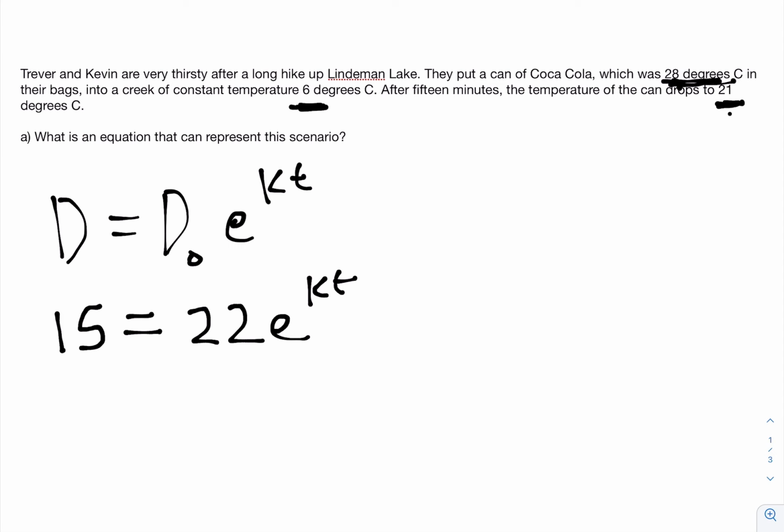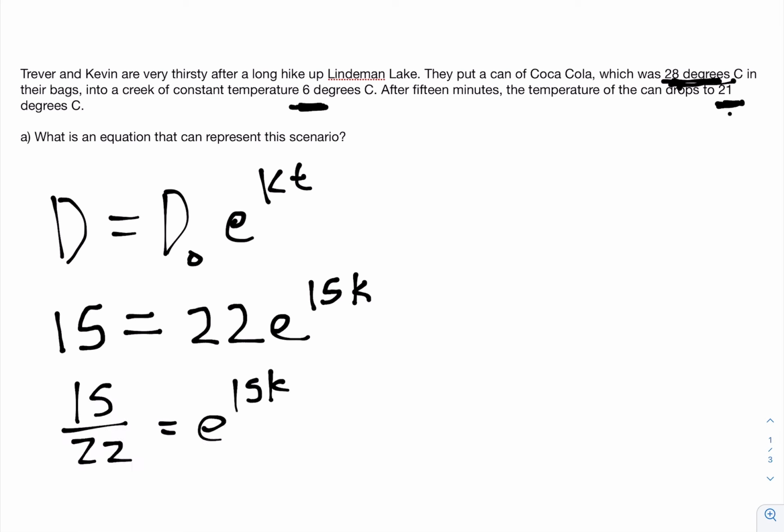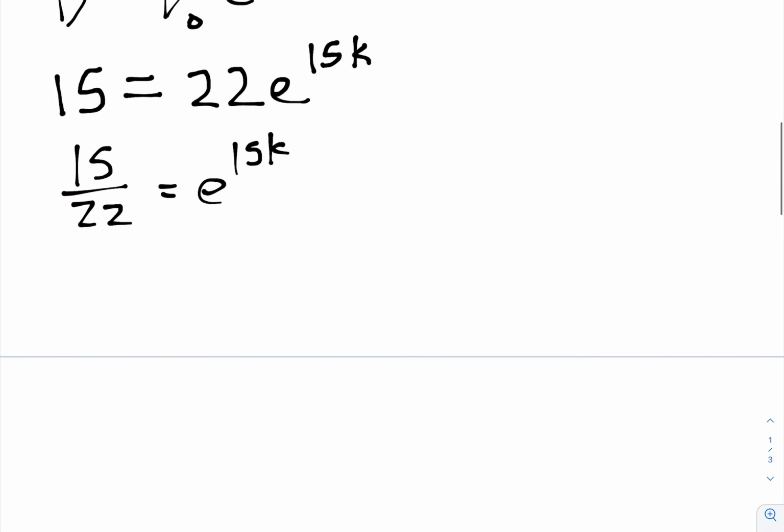And we can figure out what k is by putting in 15 for t, after 15 minutes. So if we divide both sides by 22, we get 15 over 22 equals e to the 15k. And if we wanted to solve for what k was exactly, we would take the natural log of both sides.